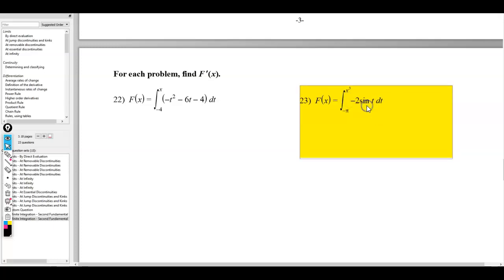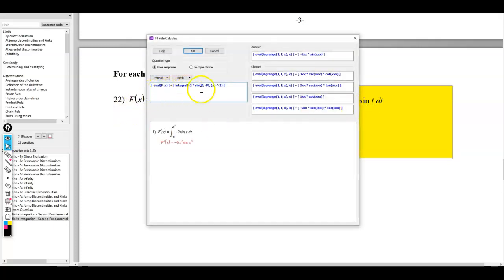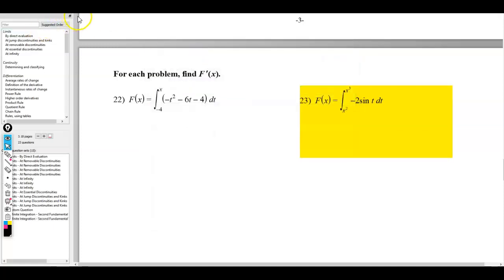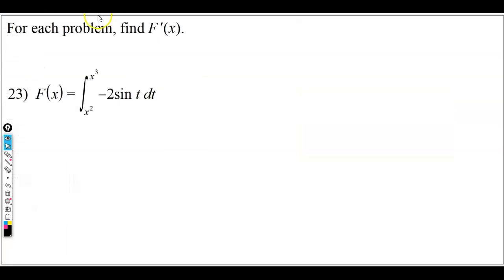Matter of fact, I think I'll even make it a little bit harder this time. Instead of negative pi, I think I'll just put like x squared. Okay, so let's remember.